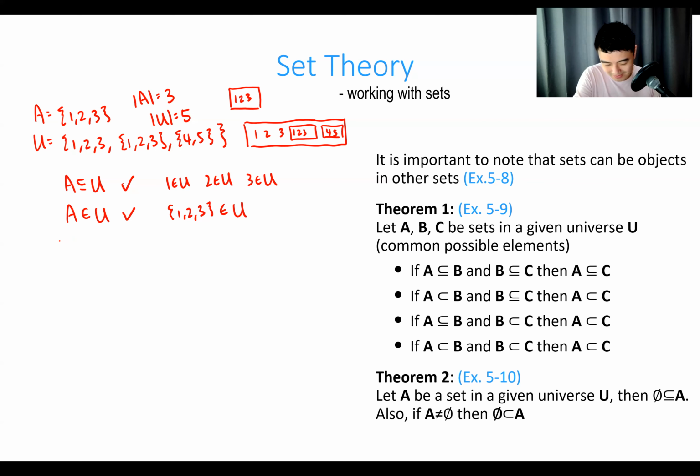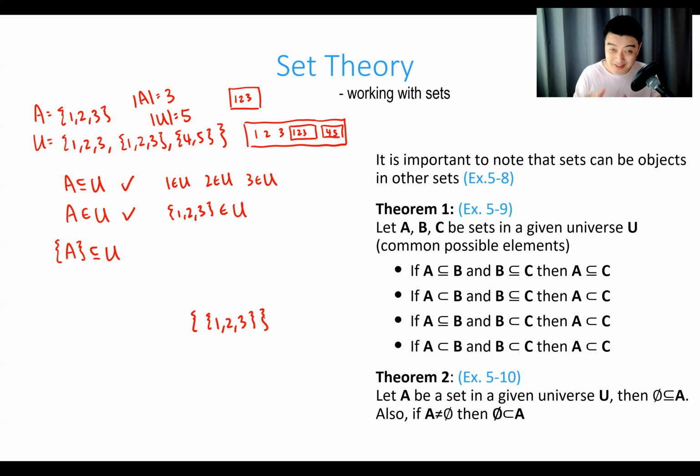Now, the next step that I want to take is the set containing A. Is this a subset of U? I want you to be careful here. In fact, on the side, I want to write down what the set containing A actually means. It looks something like this. Don't let the double squiggly brackets confuse you there.